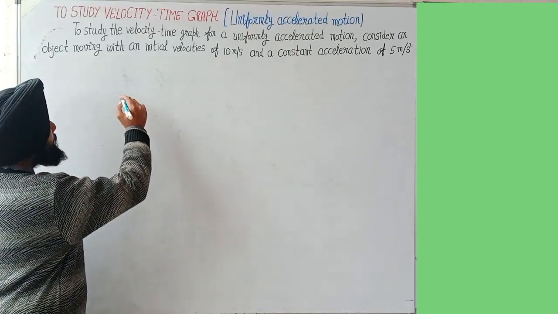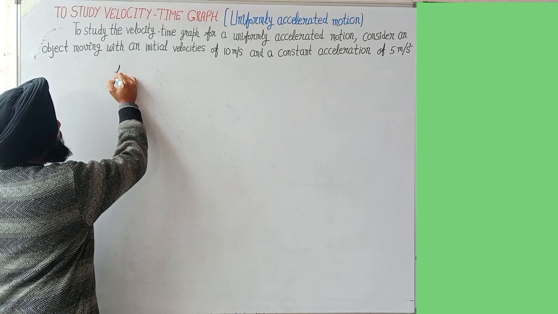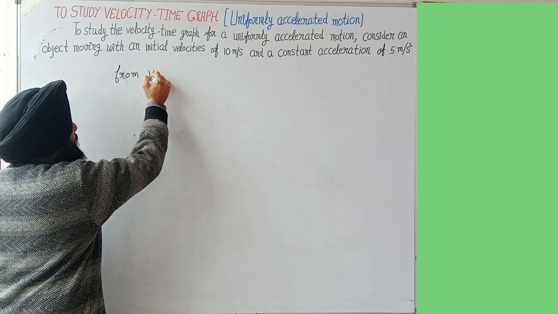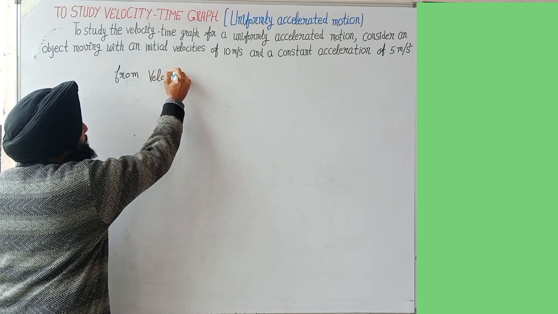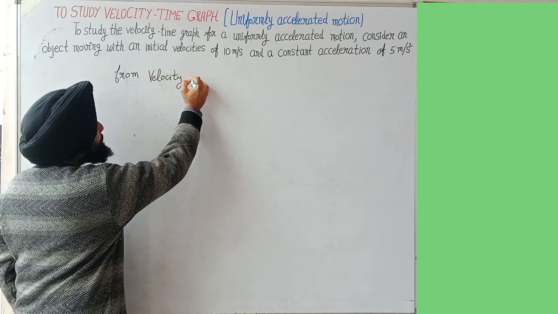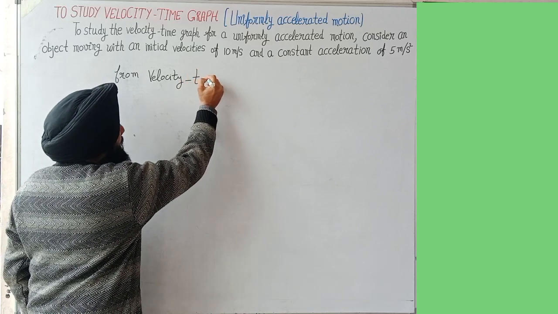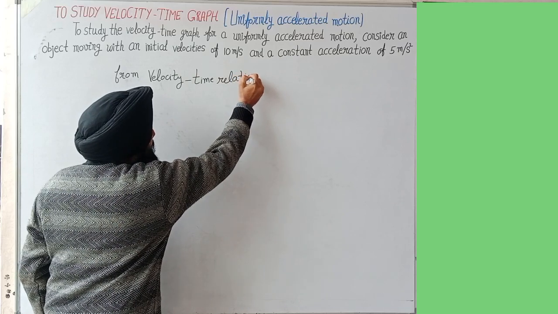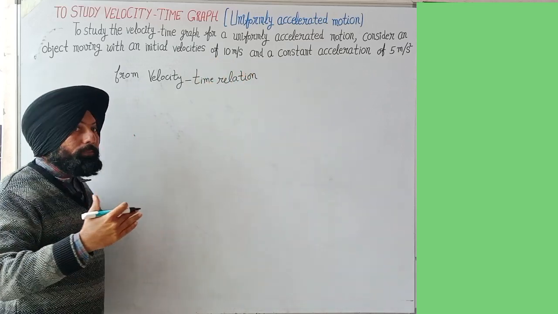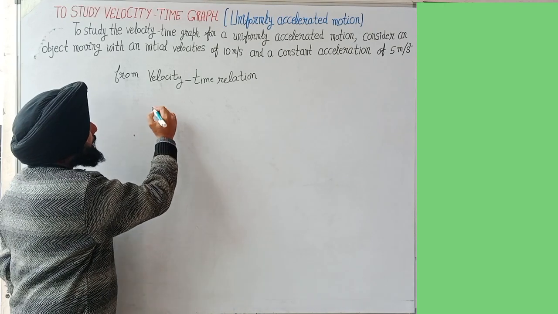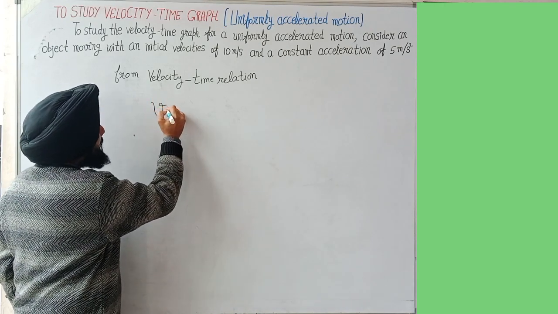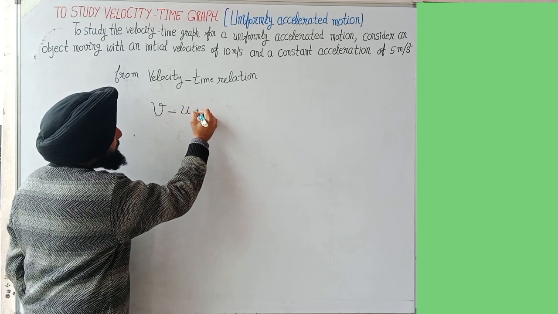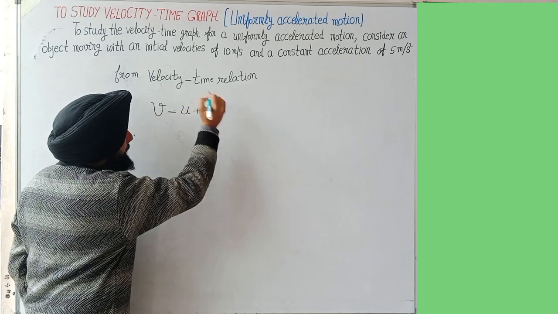Now students, for the velocity time relation, what we have concluded is v equal to u plus a t.